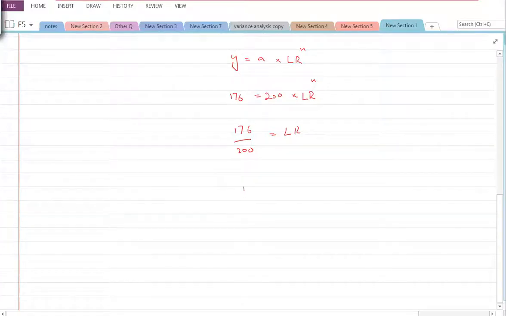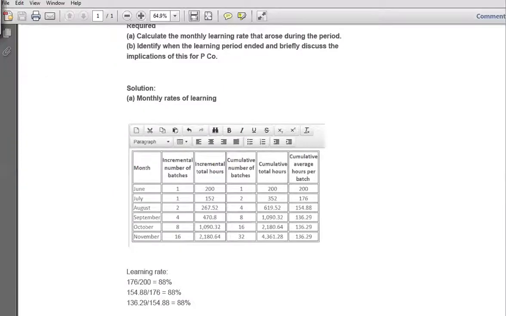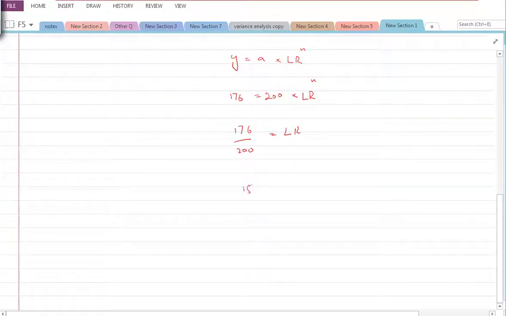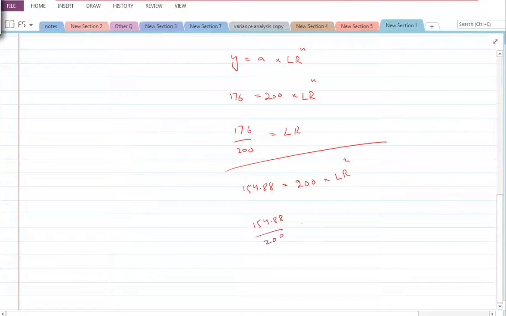So 154.88 is equal to 200, that's a, multiplied by the learning rate raised to the power 2. It will be 154.88 divided by 200 equals the learning rate raised to the power 2.